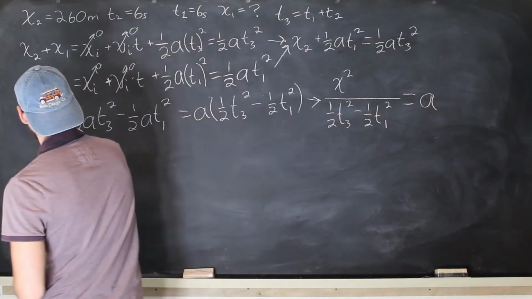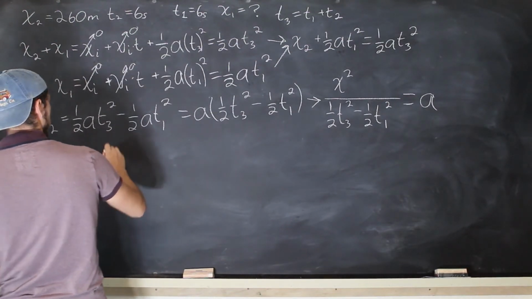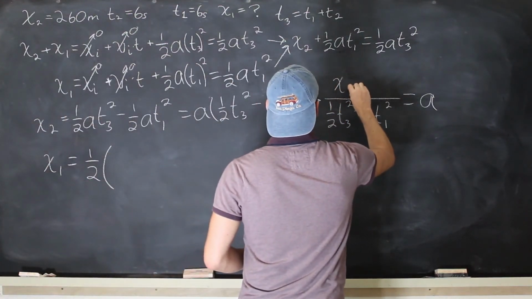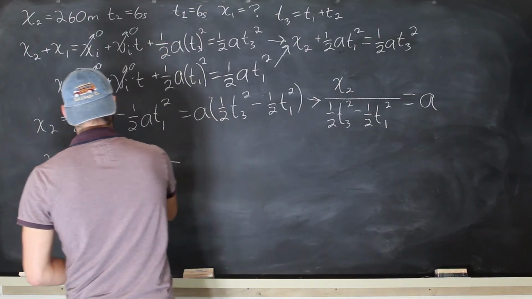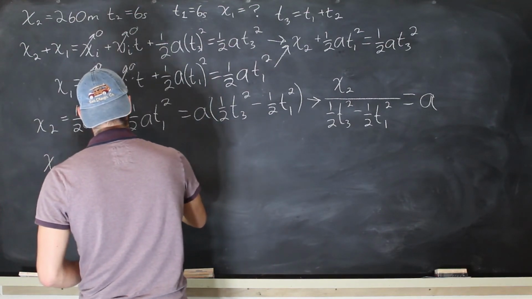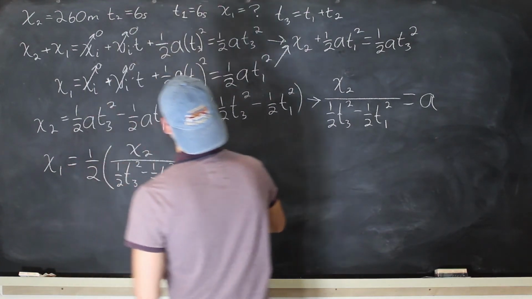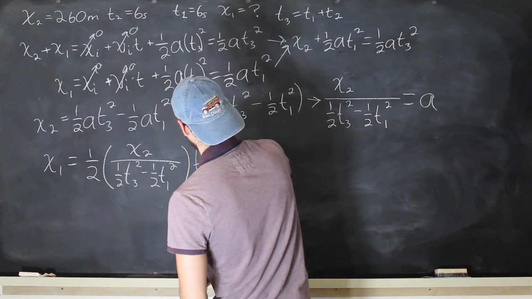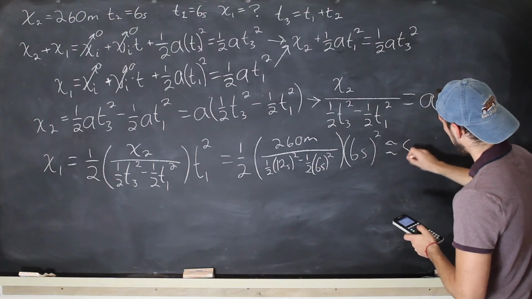So x1 is equal to 1/2 times, oops, it's not x squared, that's just x2, times x2 over 1/2 time 3 squared minus 1/2 time 1 squared times time 1 squared.